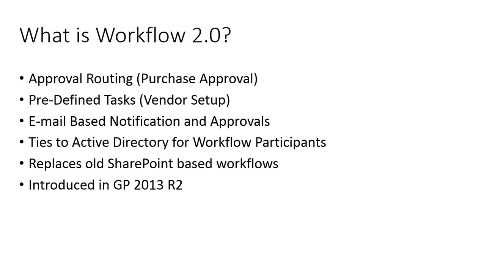So GP users don't necessarily need to be set up for the approvers that you put into the workflow, because the approvals and tasks can be performed just from your email inbox by clicking on hyperlinks that are included with Workflow 2.0. Again, those users tie to Active Directory, not the GP user.